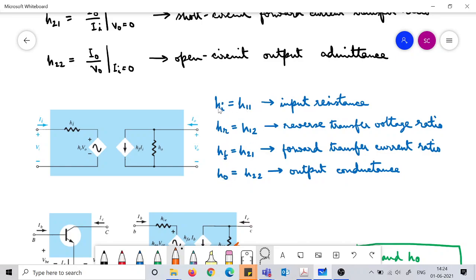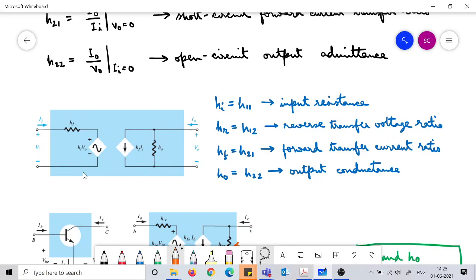So we have simply replaced this H11 with HI, H12 with HR, H21 with HF, H22 with H0. Why so, you will just understand, but using these symbols now you can draw up this network, which is nothing but the same two-port network.